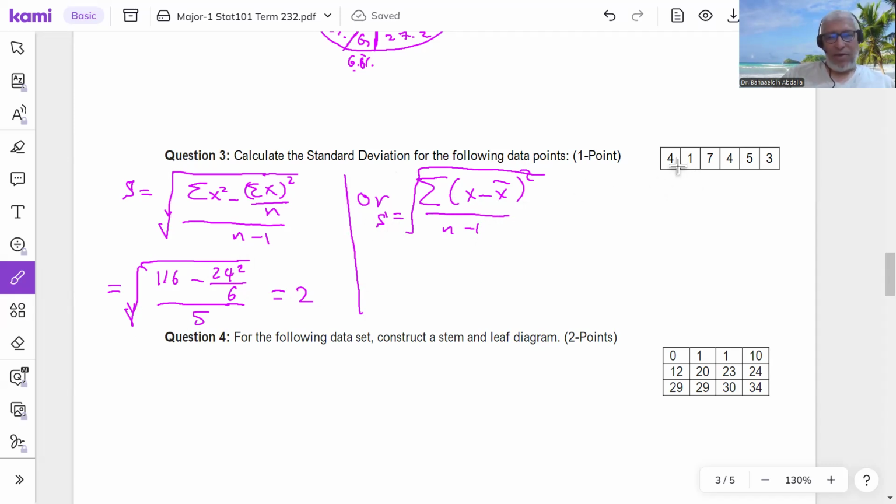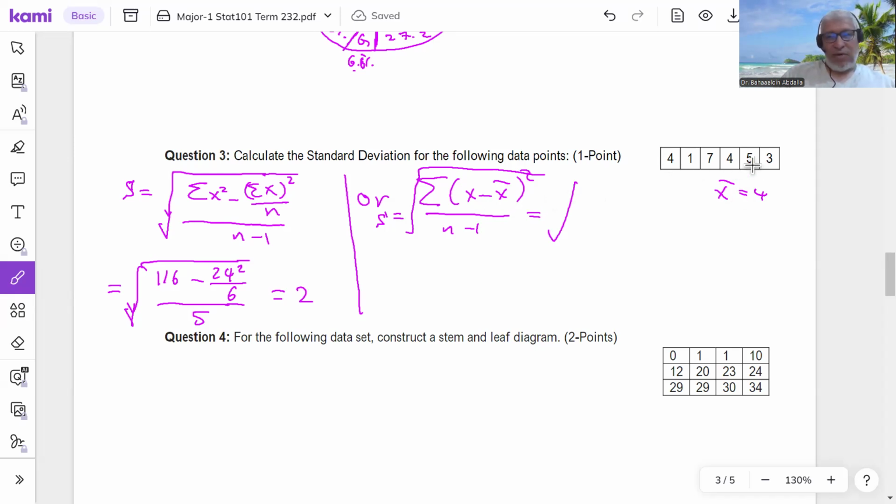Well, x bar here, you add the data and divide by 6. So you will find that x bar is 4. And here you add the difference between every element in the data and x bar, and you square it. So for example, 4 minus 4 squared, so that's 0. 1 minus 4 squared, that's 9. 7 minus 4 squared, that's 9.